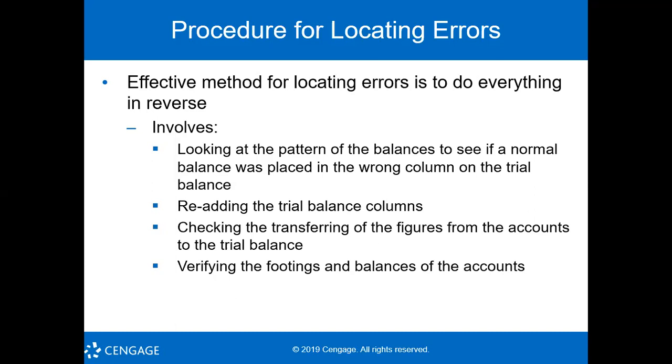So if we see that accounts payable has a debit balance, that's an immediate red flag, because it should have a credit balance, right? We might recalculate or re-add the trial balance columns. We might double check the journal entries and make sure that the amounts were transferred to the T accounts properly, transferred to the trial balance from the T accounts properly. And then again, verify that we have added and subtracted correctly in those T accounts.